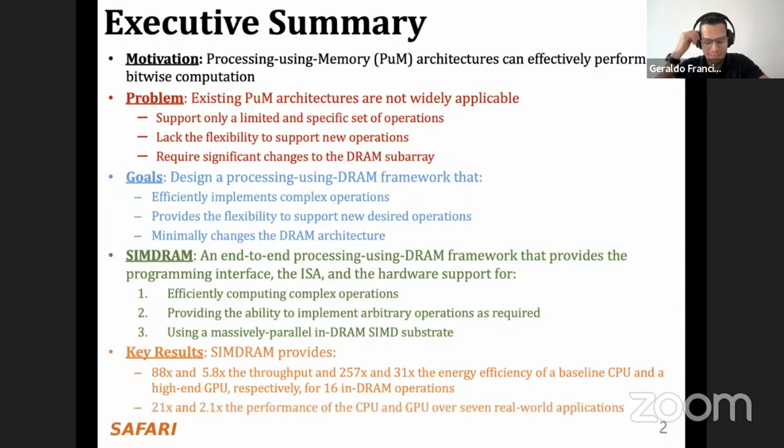We also implement several real-world applications leveraging our framework, from various domains, from neural networks, for example, to image processing. And we see again that SIMDRAM can provide 21 times and 2.1 times the performance of a CPU and a GPU for those 7 real-world applications.